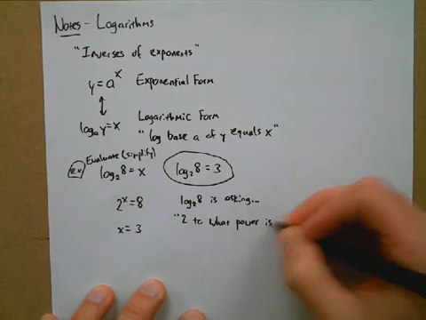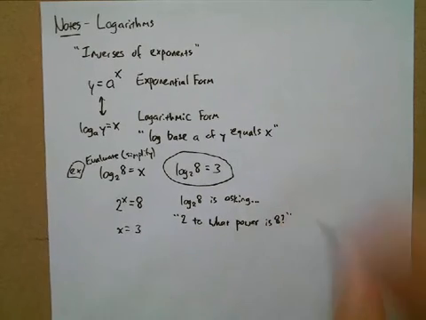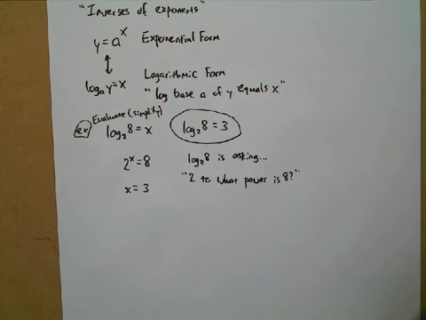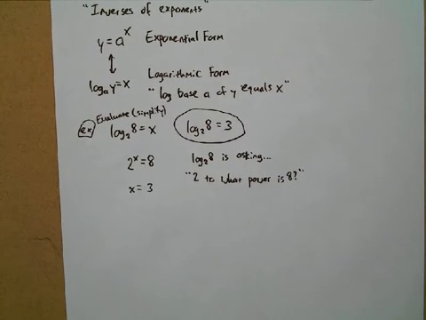That's the work that the logarithm is asking about. When you say log base 2 of 8, whatever that value is, it's really saying 2 to what power is 8. That's what a logarithm is saying.